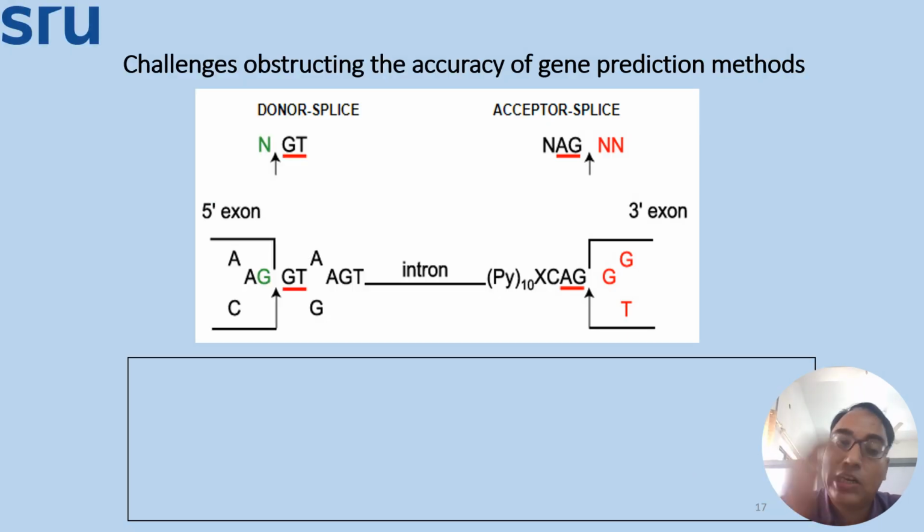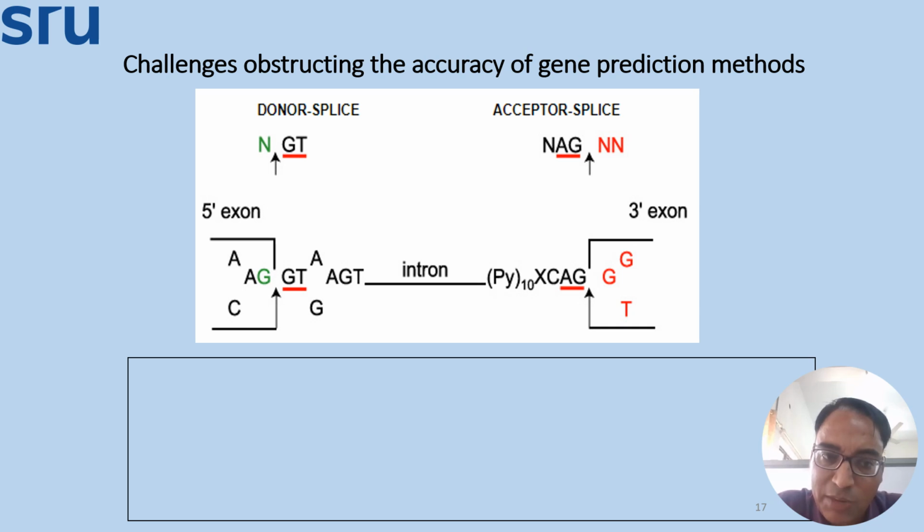Now, as I told you, the gene prediction method parameters: there are some specific key features to recognize an exon or an intron. The intron starts with GT and ends with AG.